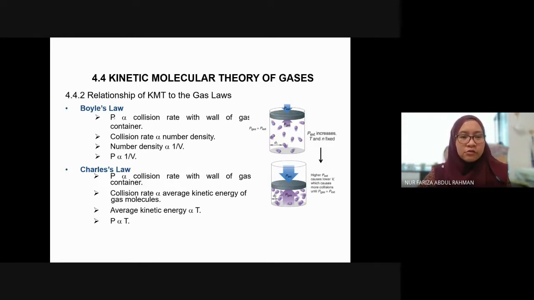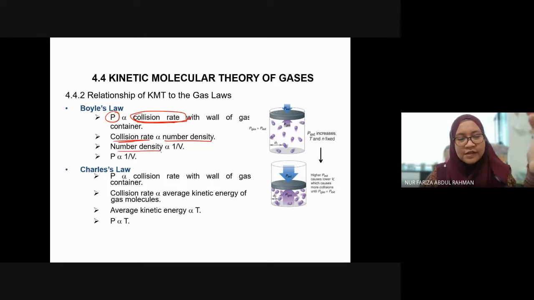So for example, we have Boyle's law kan. For Boyle's law, kita tahu that pressure is directly proportional to the collision rate. So the more collision, that means the pressure will increase. Lagi banyak pelanggaran cause the pressure to increase. And this is the KMT lah, dia punya collision rate tu kan. The KMT, the reason dia punya pergerakan, movement itu kan. And collision rate is also directly proportional to number density.